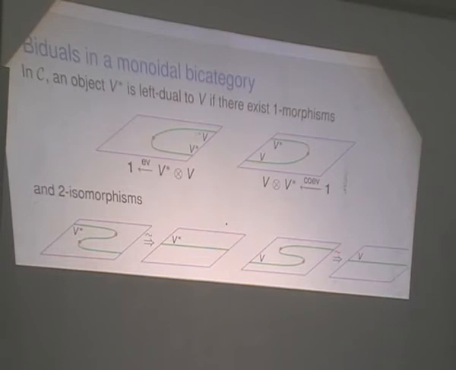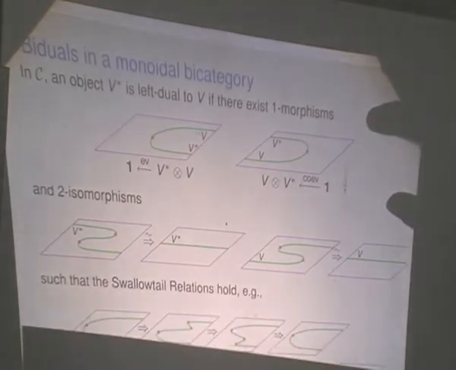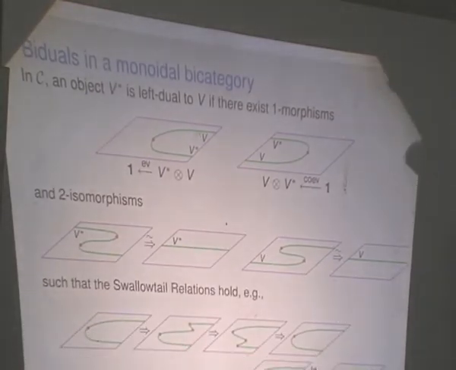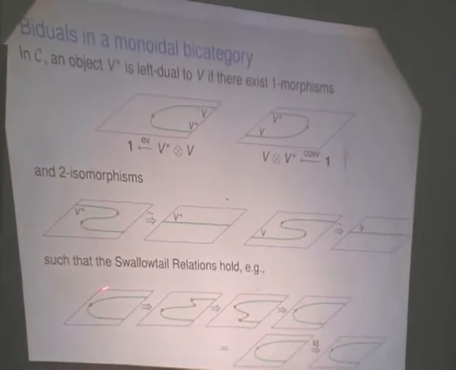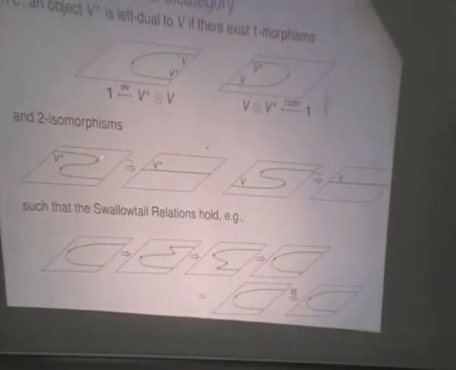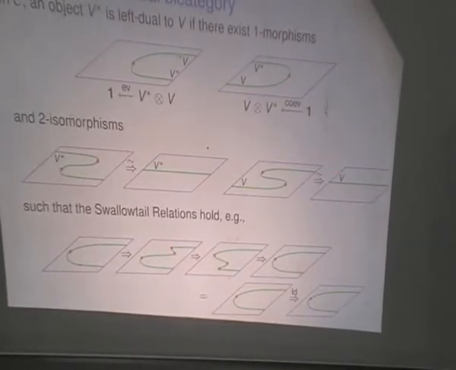And we have to have some coherence between these two isomorphisms: some extra data which just says that certain two morphisms are equal, the so-called swallowtail. So if we start like this, we add in this one here, then we switch these two critical points round, and then we use the other relation to get rid of that.